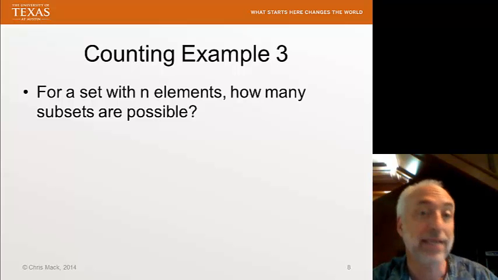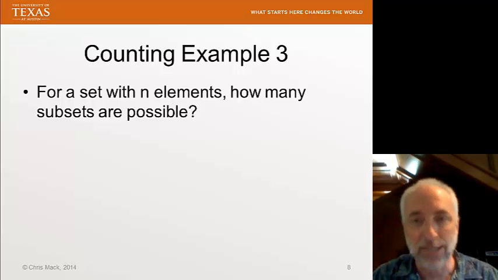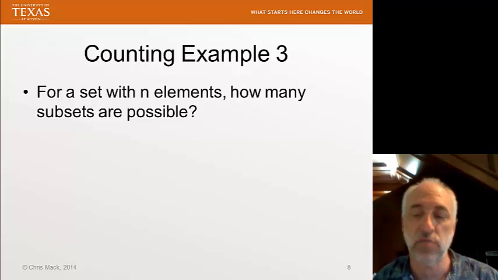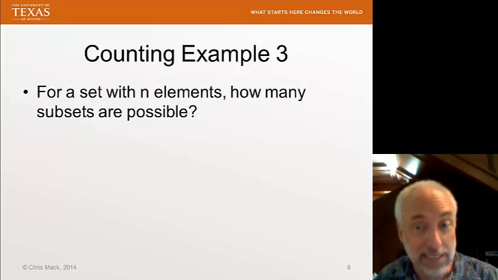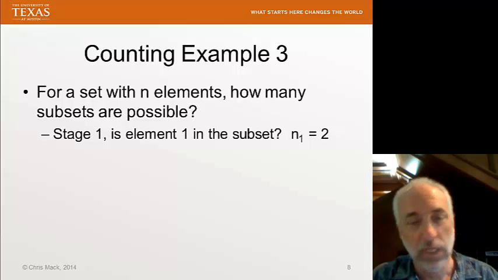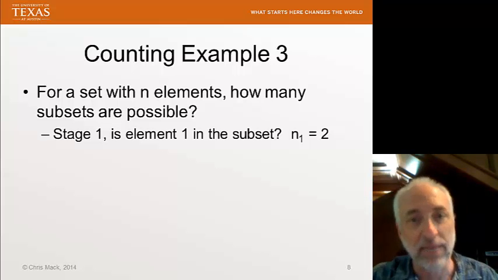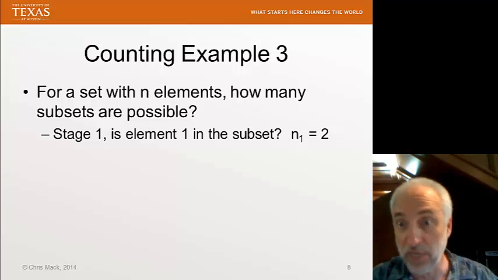The key is to come up with a process of stages for creating the subset. And in this case, the simplest way is to simply ask for every element, is it in the subset, yes or no? So, stage 1, I'll look at the first element in the set and ask, is it in the subset?